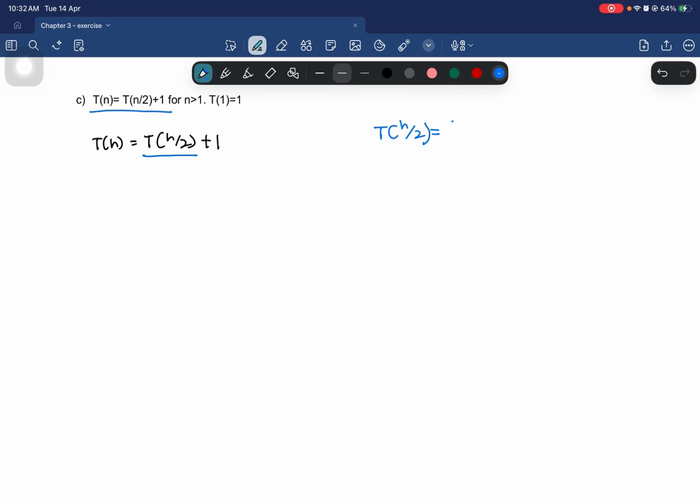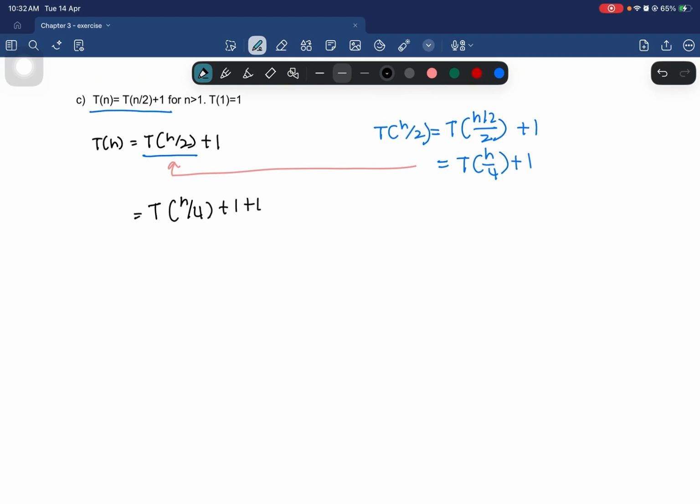So we get T of n over 2 equal to T of n over 4 plus 1. We substitute this into this equation. We simplify it, it will be T of n over 4 plus 2.